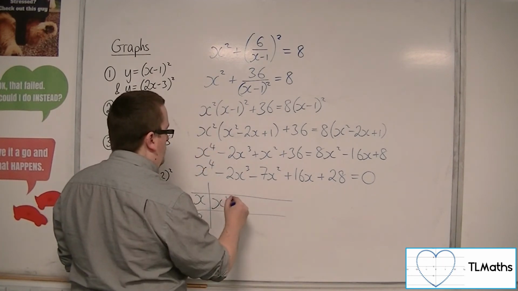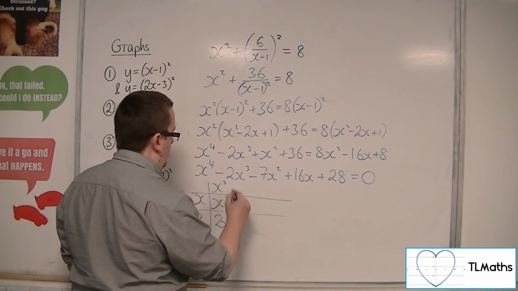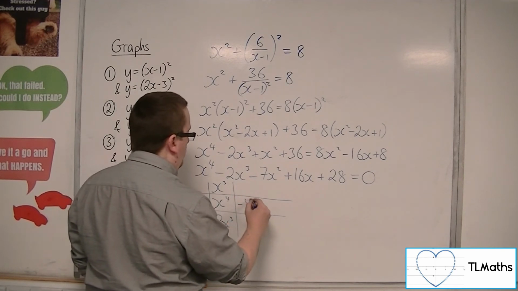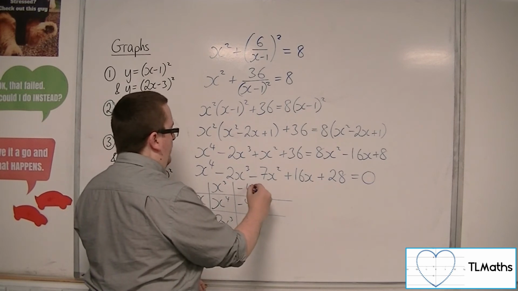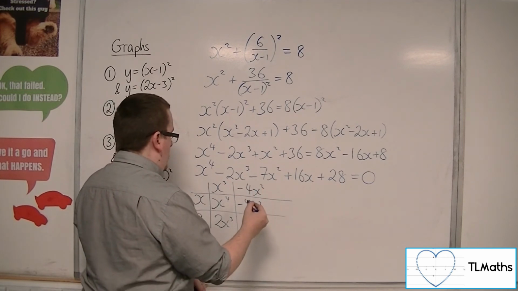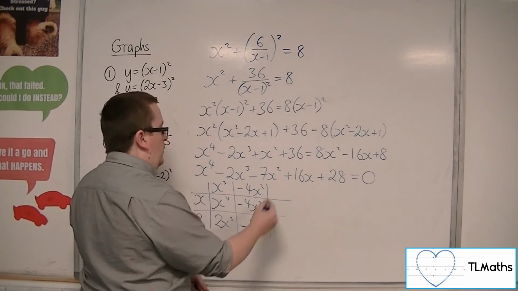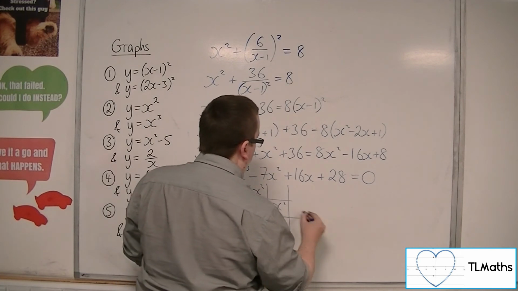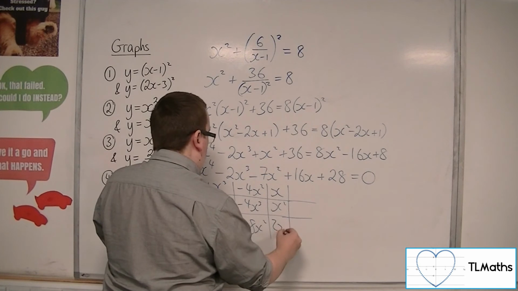So x to the 4, so we're going to have x cubed, 2x cubed. We need minus 2x cubed, so minus 4x cubed. Then minus 4x squared. Then we're going to have minus 8x squared. Then we need minus 7x squared, so we want to add an x squared on. We're going to have x, 2x.